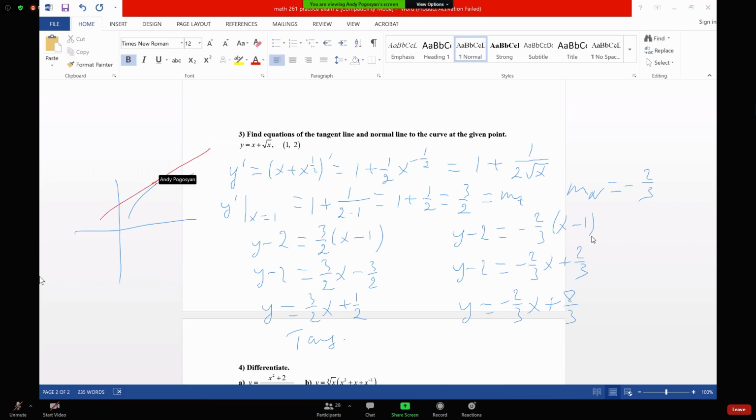The normal is perpendicular to this one. So slope of the tangent is 3 over 2. Slope of the normal, at the same point, will be the reciprocal with the opposite sign. So you need to use 2 different slopes.